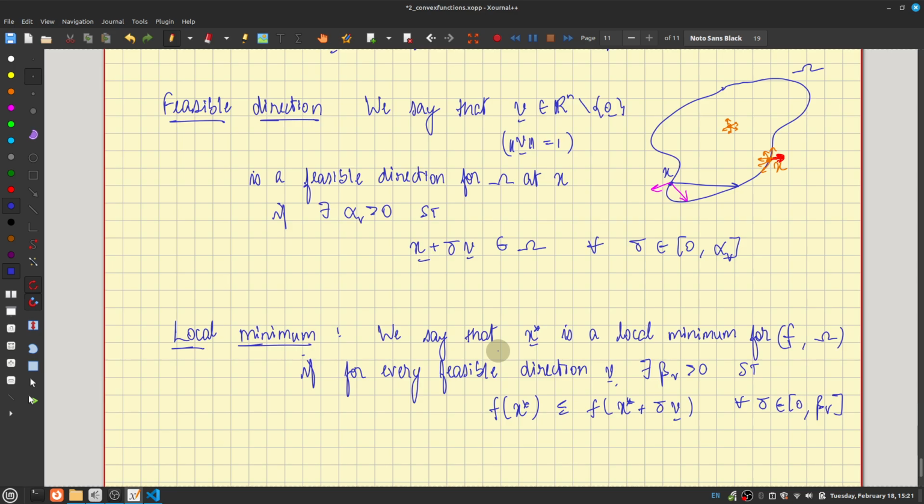For the particular example that you gave, no direction on the circumference is a feasible direction. Assuming it's only the circumference, yeah, no direction is a feasible direction.